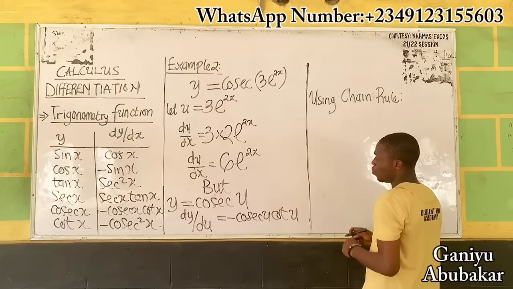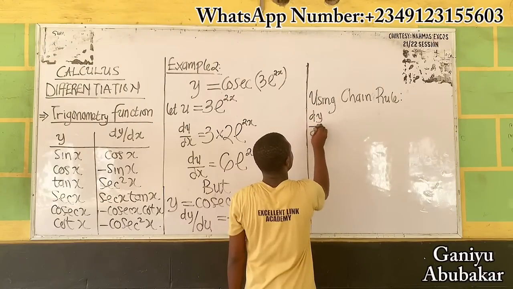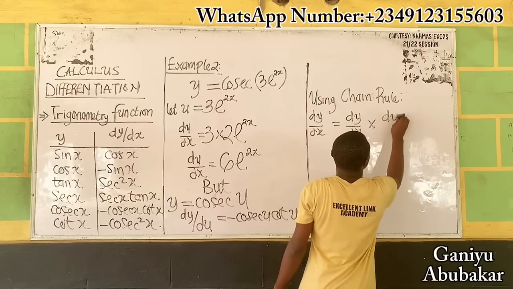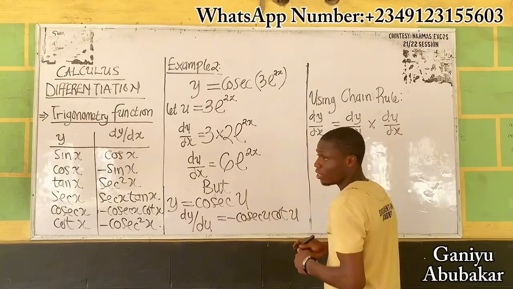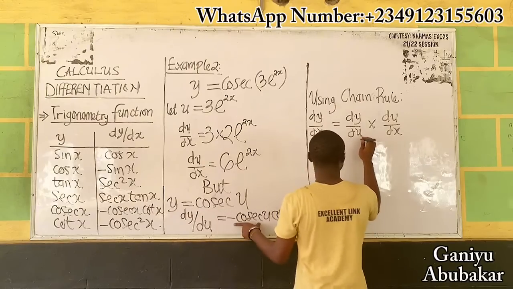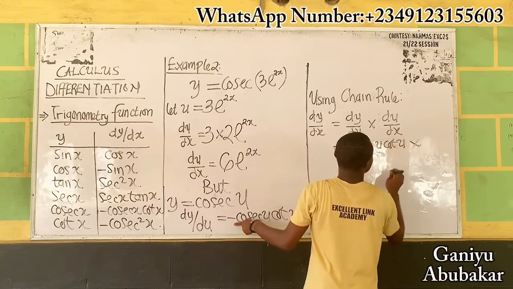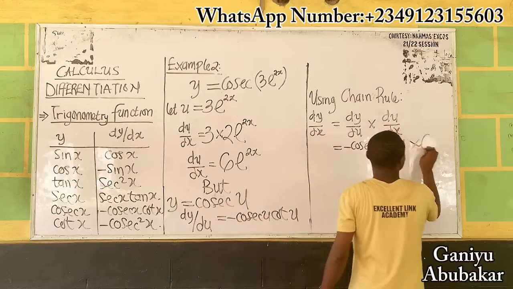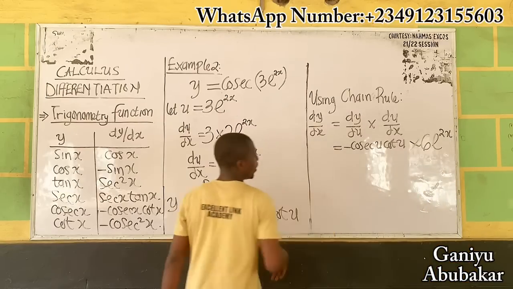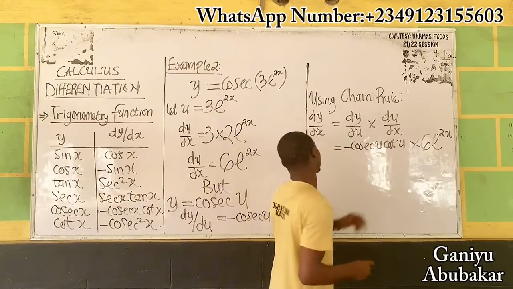What do I get using the chain rule? The formula is dy over dx equal to dy over du times du over dx. Getting this done, dy over du is of course minus cosec u cot u, times du over dx, which is 6 exponential 2x. It's easy to replace u with its original value.